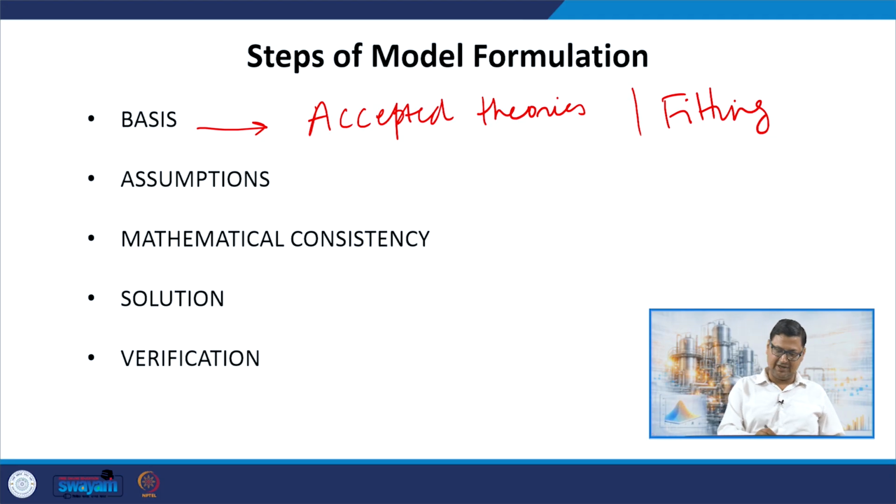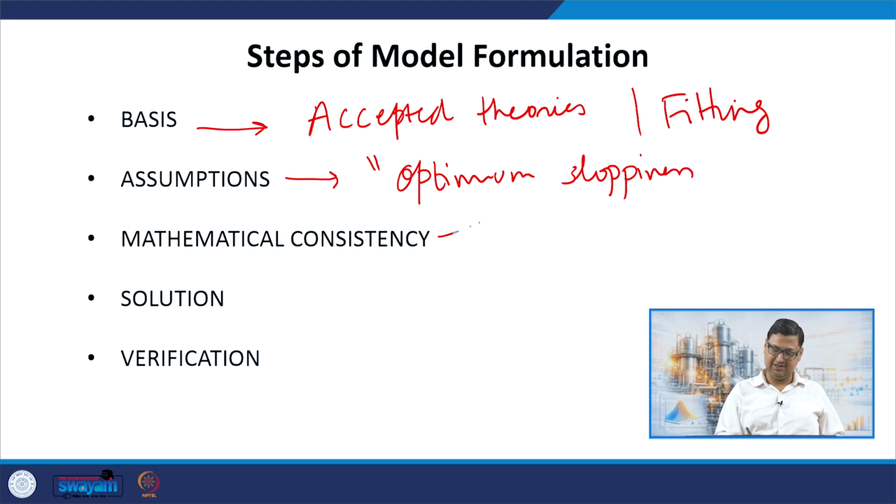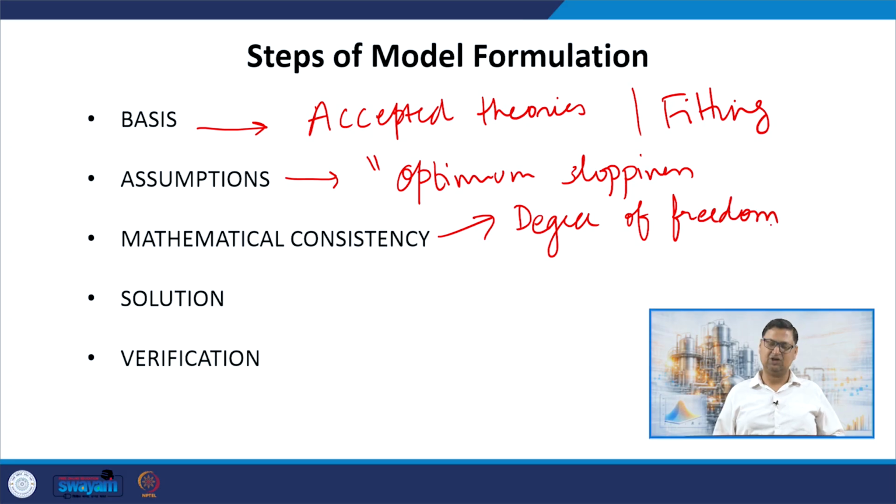And then we have to make assumptions. There the idea is of optimum sloppiness, and then we must do checks of consistency, at least of the degrees of freedom, that refers to how many variables we have and how many equations we have, and I will talk more about that, and let us say the units.